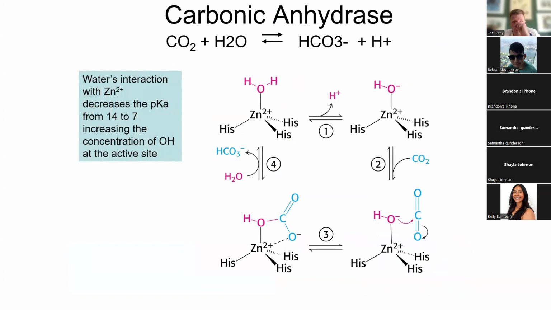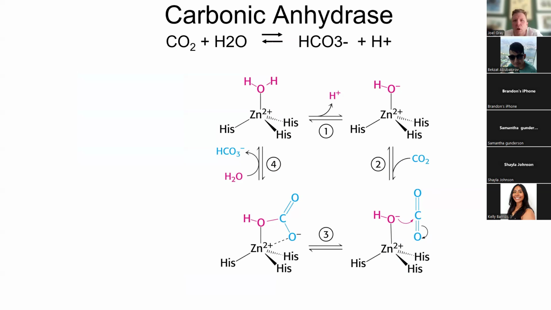An example of a metal ion catalyzed reaction is carbonic anhydrase. Carbonic anhydrase takes CO2 and H2O and makes HCO3- and H+. This is an essential enzyme for trafficking carbon dioxide from your muscle tissues.